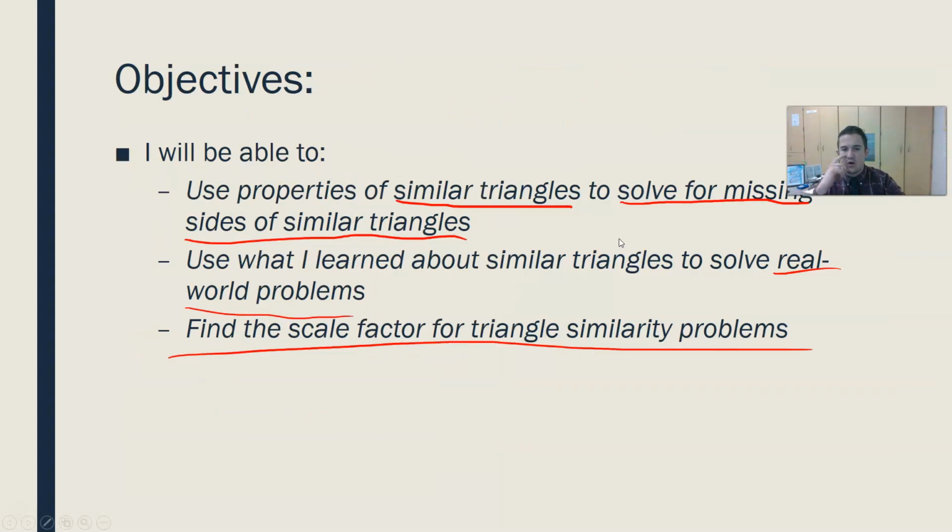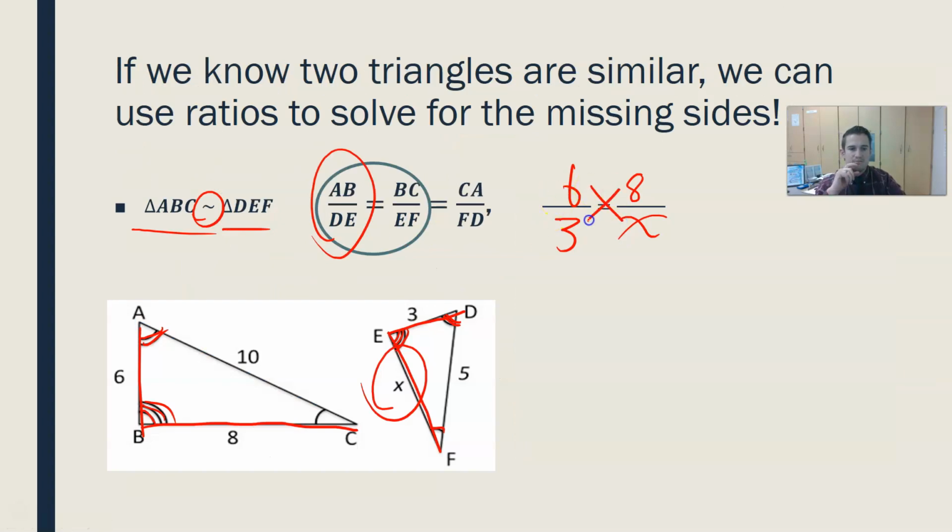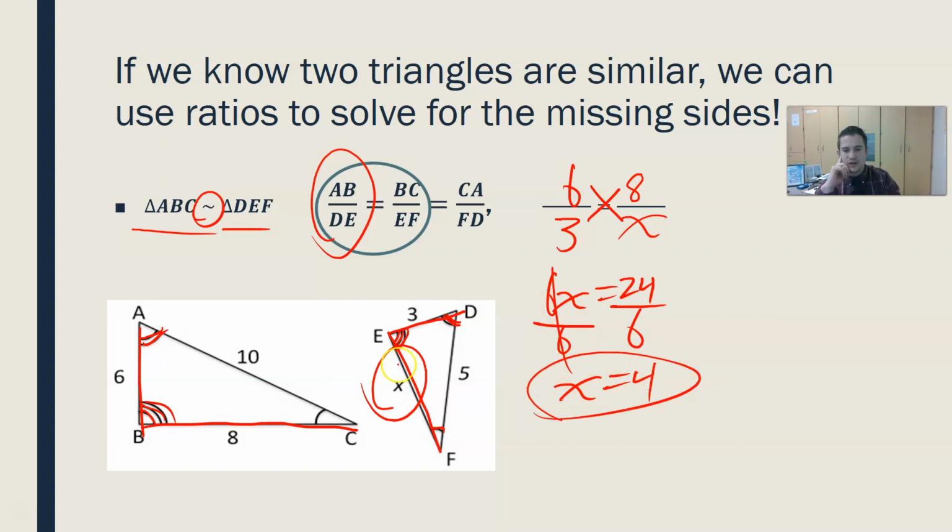As I showed on this slide, I can cross multiply. 6 times x is 6x, and 3 times 8 is 24, so I get 6x equals 24. If I divide by 6 on both sides, I get x equals 4. So the length of this side here is 4.